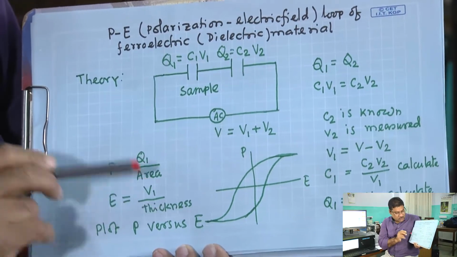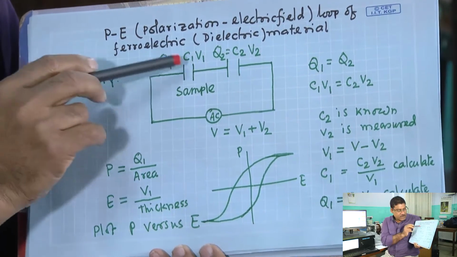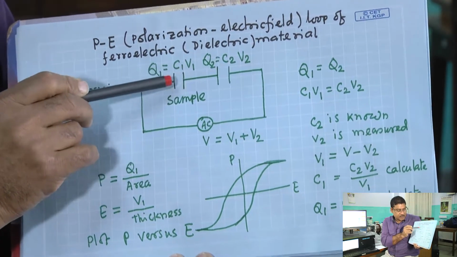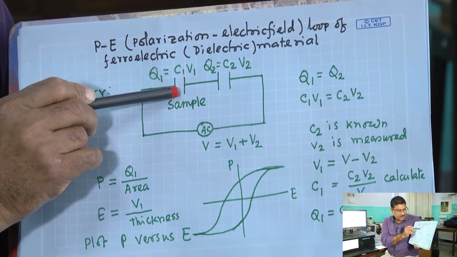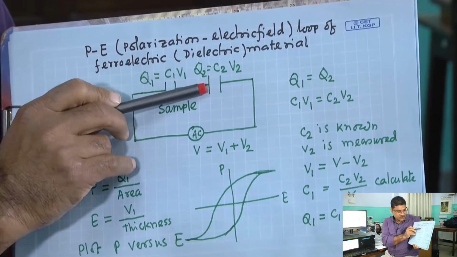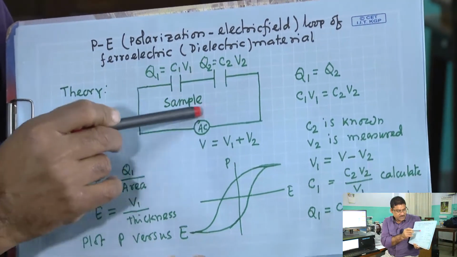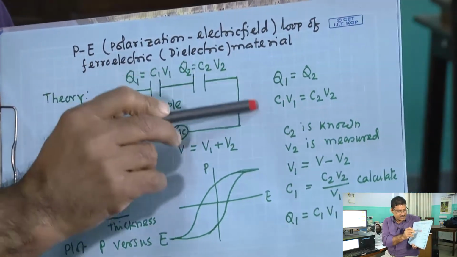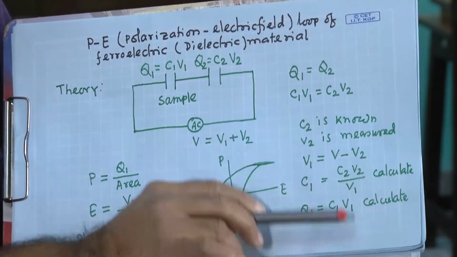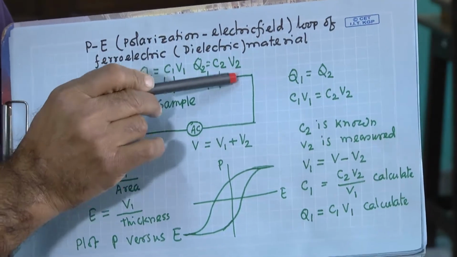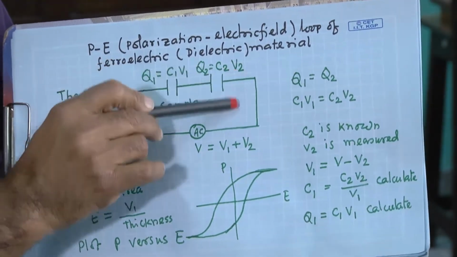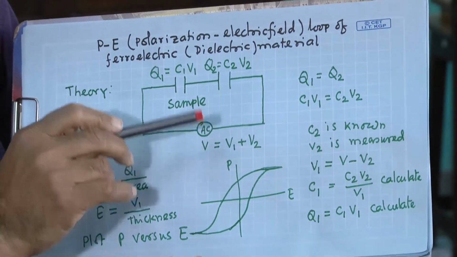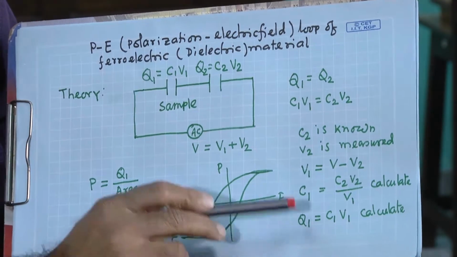So, basically we are using a ferroelectric sample between two capacitor plates, and one known capacitor will be used. The AC voltage V will be applied in series. We have to measure the voltage drop V2 and know V, then we can get Q1 and V1.